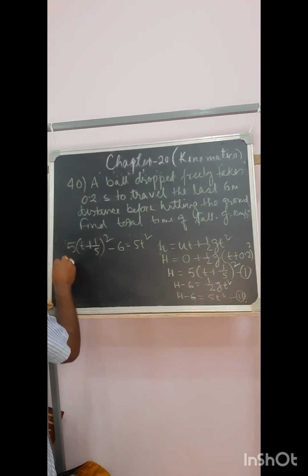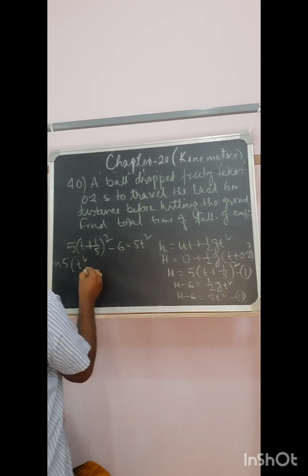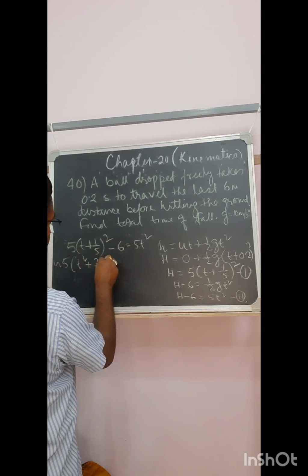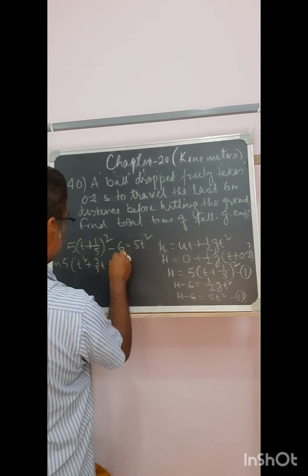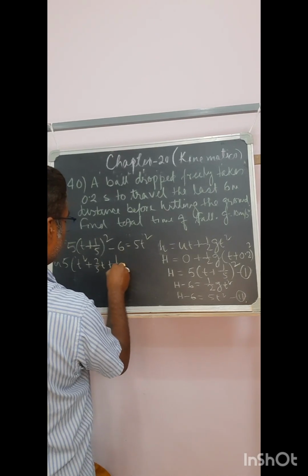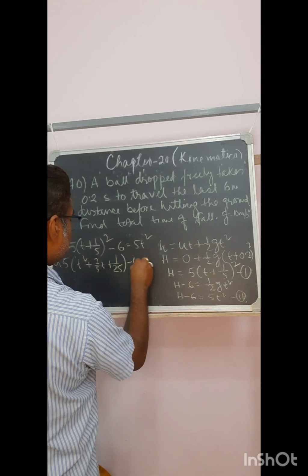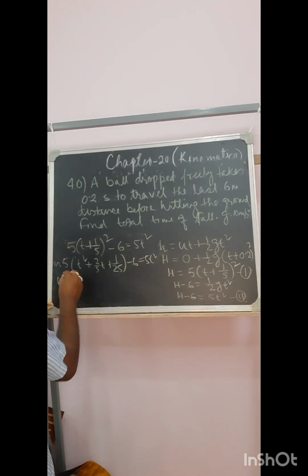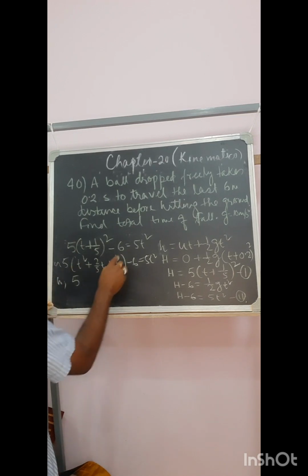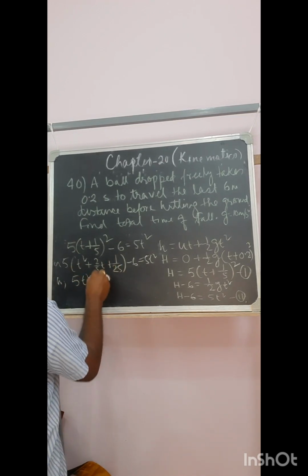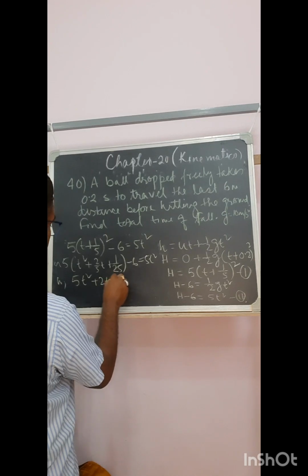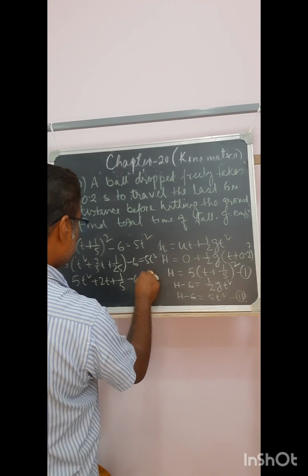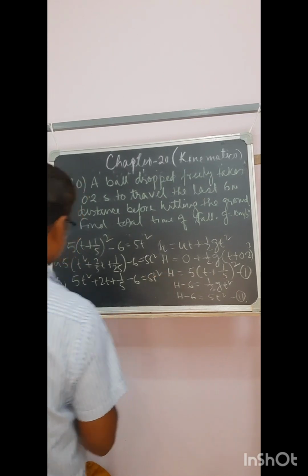Now expand it: t square plus 2 by 5 t plus 1 by 25, minus 6 is equal to 5 t square. Multiplying with 5 and removing the bracket, 5 t square plus 2t plus 1 by 5 minus 6 is equal to 5 t square.